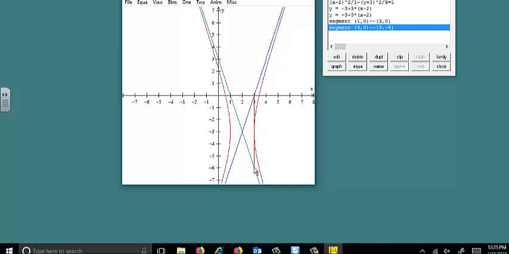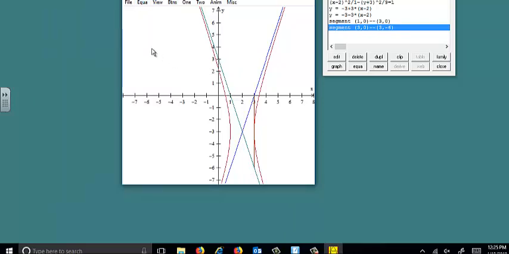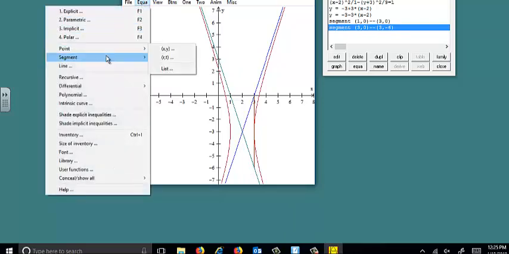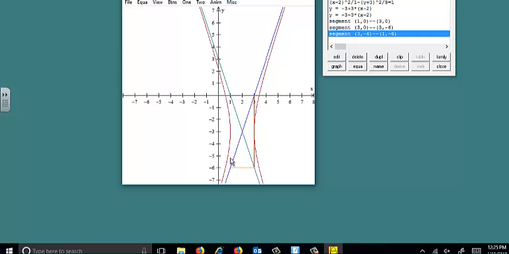Then we're going to go from 3, negative 6 to 1, negative 6. That gives me the horizontal part here. So there's the part of the box. And then we're going to go from 1, negative 6 to 1, 0.